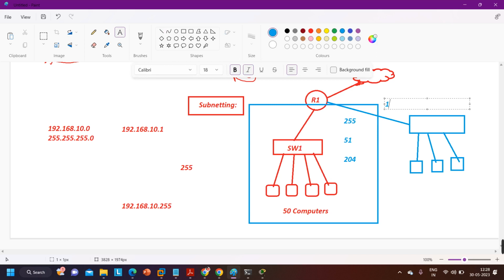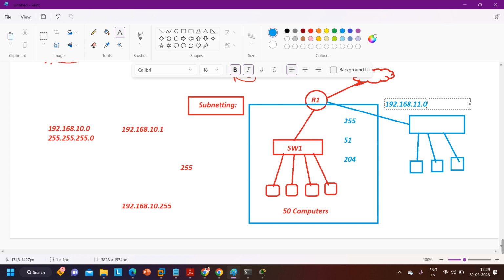Without subnetting, they have to use a different network, let's say 192.168.11.0. They have to change the network portion, and again they will waste lots of IP addresses. So to reduce this wastage, we need to divide a large network into smaller parts of the network.